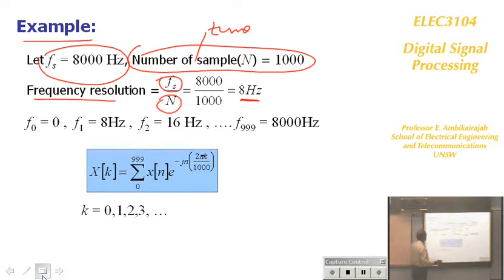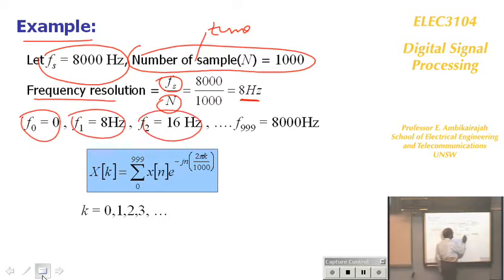So we could say F0 is 0, F1 is 8 Hertz, F2 is 16 Hertz, and F999 is 8000 Hertz. So we will have 1000 frequency points. Naturally, 500 frequency points are on the 0 to pi side, and the remaining 500 points are on the 0 to minus pi side. So for the magnitude response, looking at only one part is sufficient.